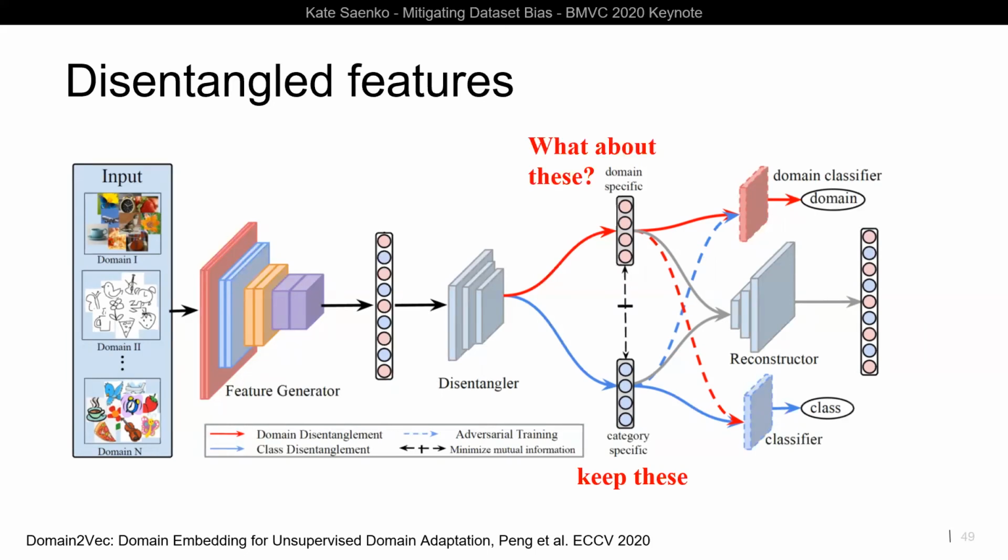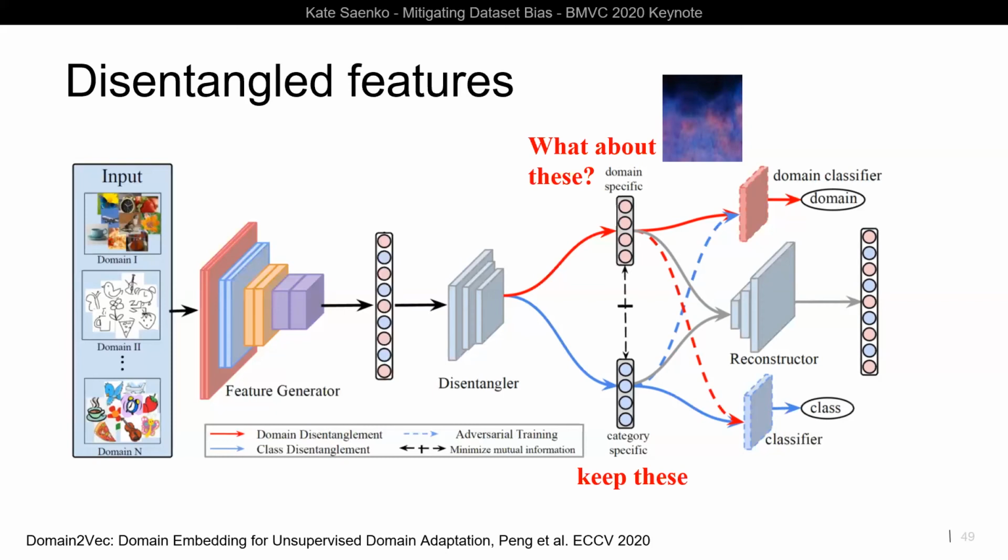And in particular, we notice that these domain-specific features will encode, of course, textures and patterns that are specific to the domain, but not useful for the task. So, for example, they encode brushstrokes or other textures or other styles that are specific to one domain.